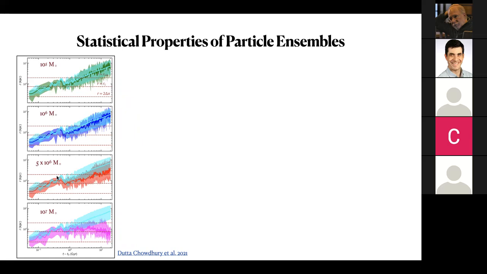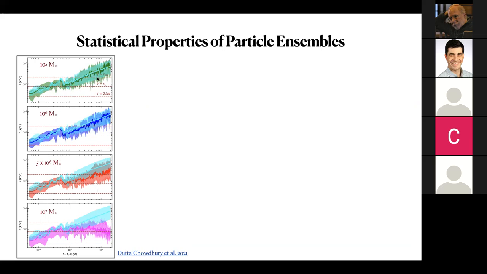What is plotted here is the evolution of the median radius of these ensembles and the 16 to 84 percentiles. In each case, we also compare it with an ensemble of massless particles. So basically we put zero mass particles and see what happens to them. The results for the massless particles are shown in cyan.